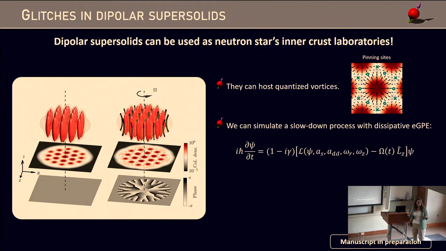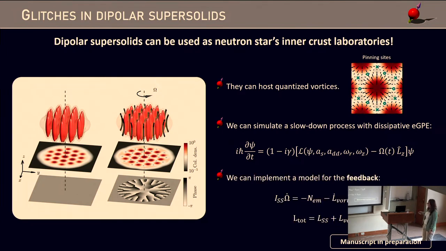So as in the neutron star, we can simulate the slowdown process with a dissipative extended Gross-Pitaevskii equation. And most importantly, unfortunately I don't have the time to go into the details, but we can implement a model for the feedback.